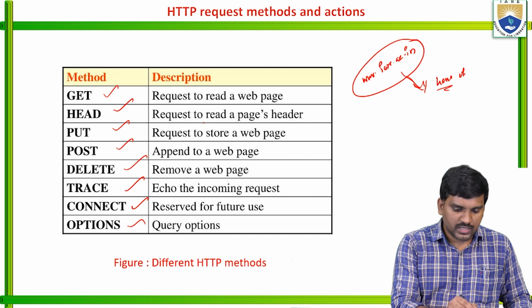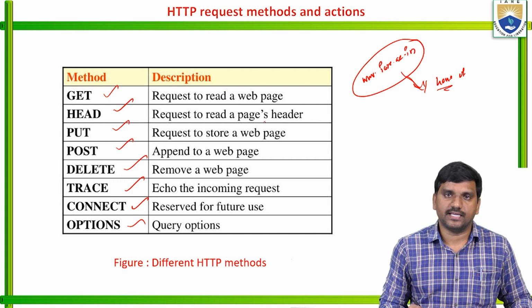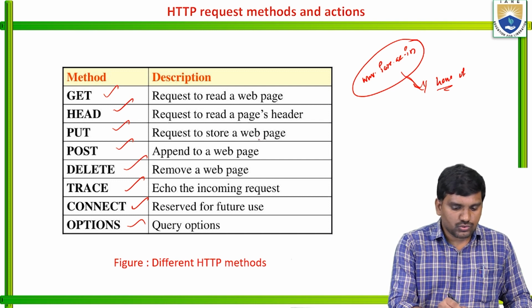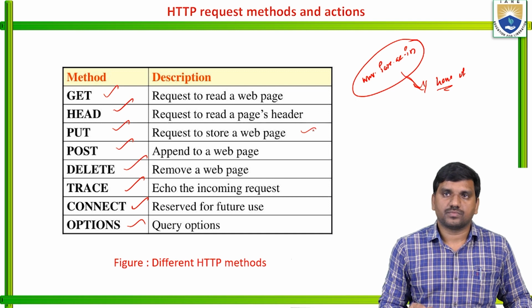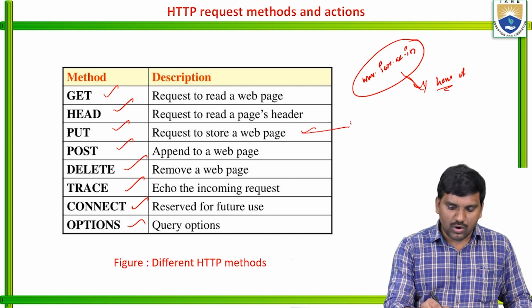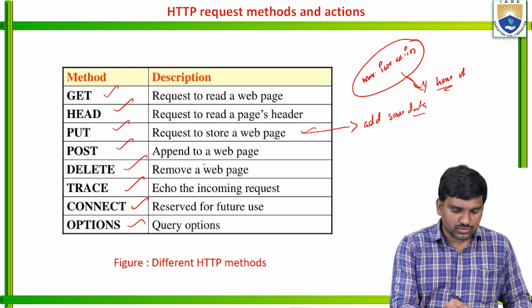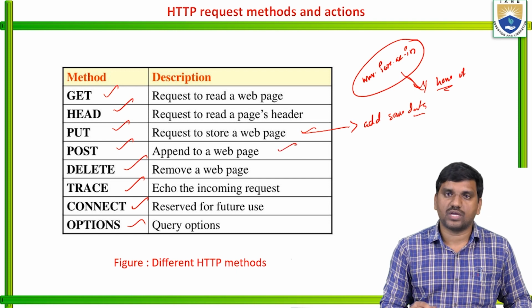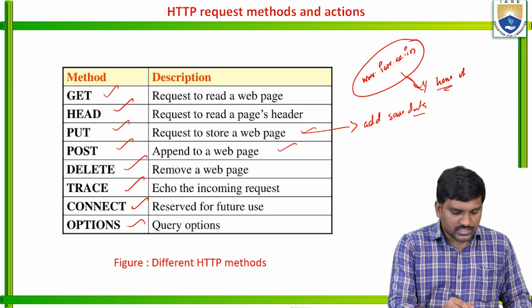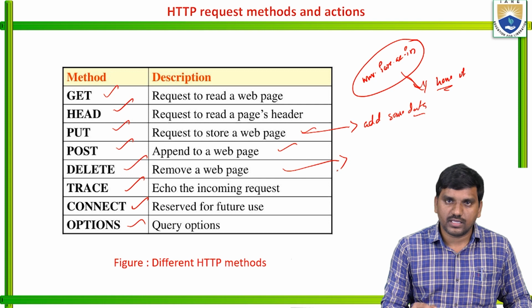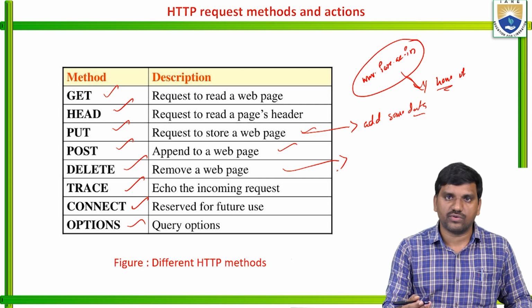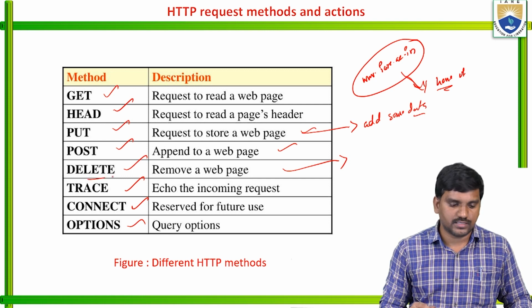Next, head: request to read a web page's header. Request to store a web page, that is put. That means we have to add some data. Next, post: to append a web page, that is post, to update the data. Next, if you want to remove any content in that particular web page, we use the delete method.